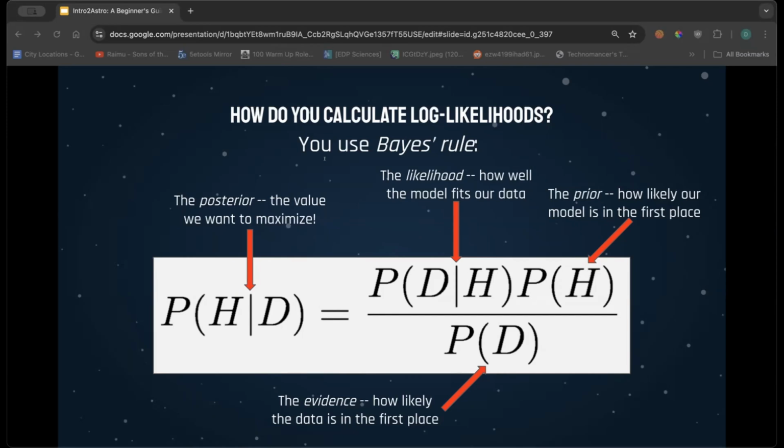That is, assuming our model is true, how good a fit is the data to the model. This is something we can normally calculate if we know exactly what our data is and what the uncertainties in the data are. We're going to get more into that later, but suffice to say, we can calculate that value.